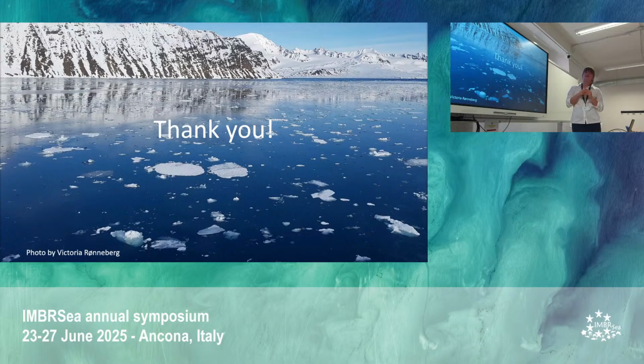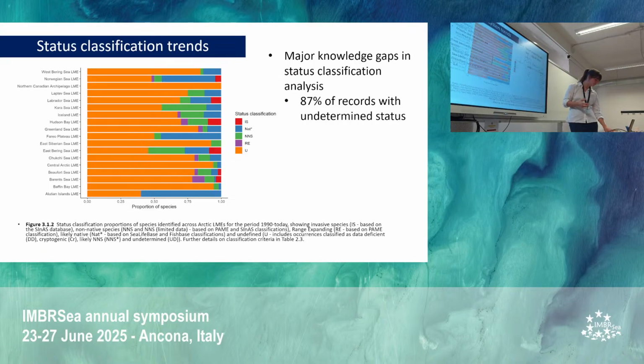Nice number. So, do you have any information on the vectors of introduction? No, I didn't include introduction vectors as part of the scope. I focused more on species presence, temporal trends and status. Much of the research was actually based on how much we don't know.